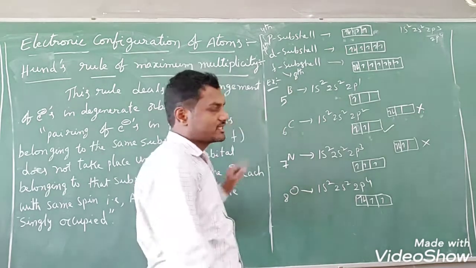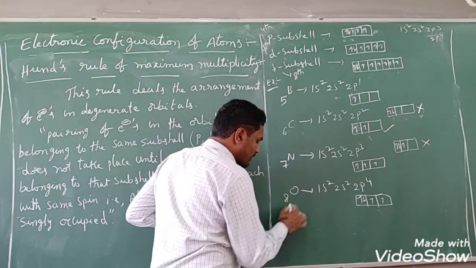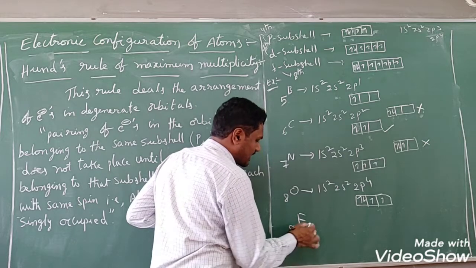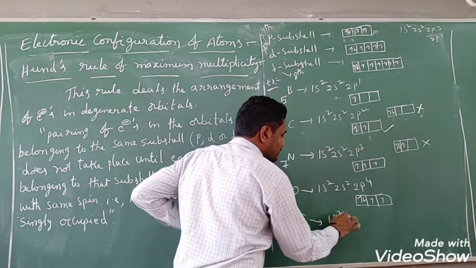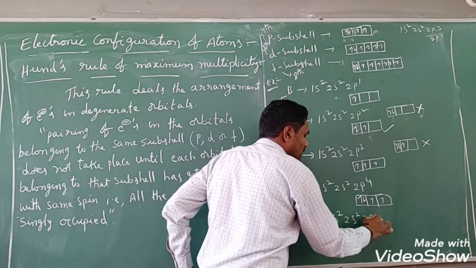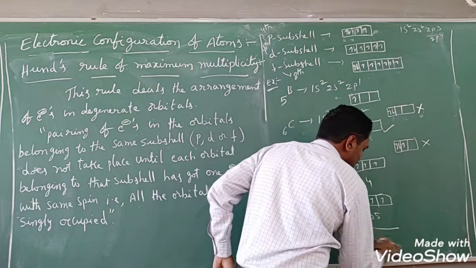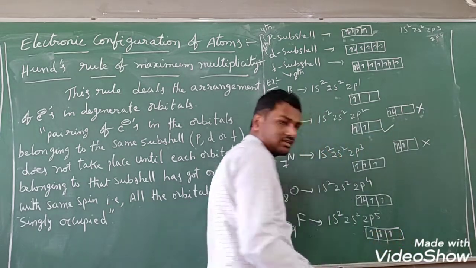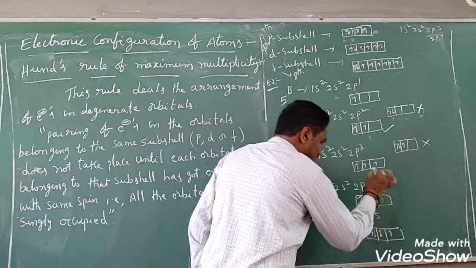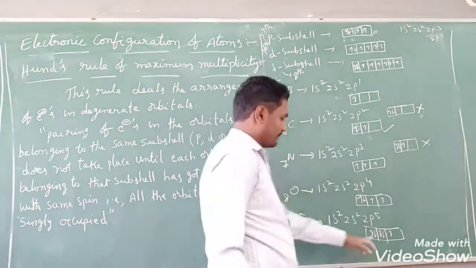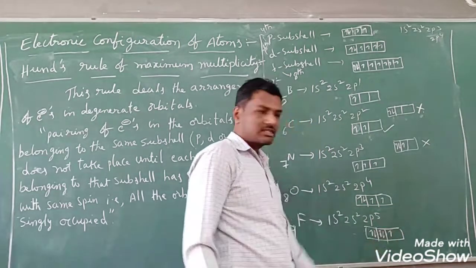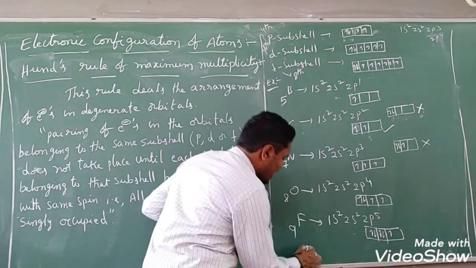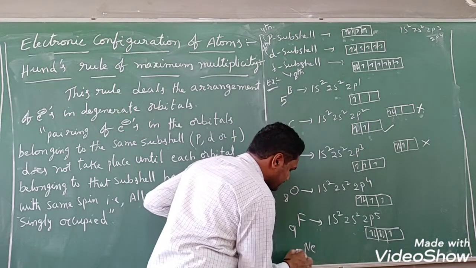So this is the way we arrange the electrons in the case of degenerate orbitals according to Hund's rule, students. Now you take fluorine. Next one. Fluorine is 9. Atomic number is 9. So 1s2, 2s2, 2p5. So you take 3 orbitals. In each orbital, first you should enter 1 electron, and then pairing takes place with opposite spin like this, right? 5 electrons accommodated. And the last one I am giving you is neon.